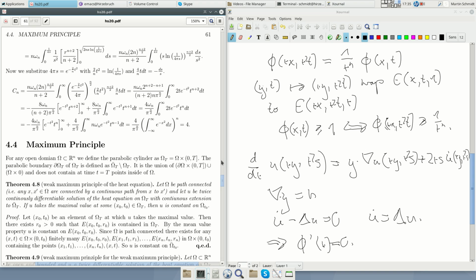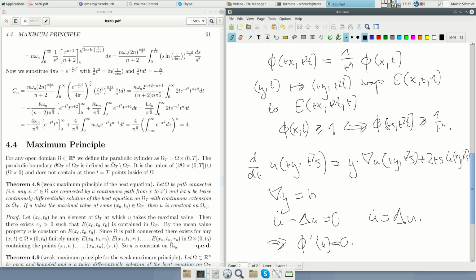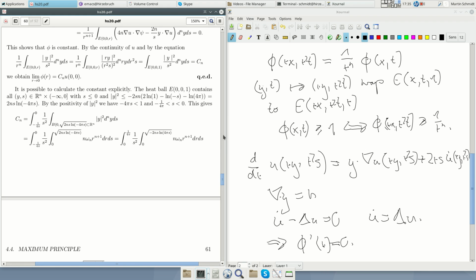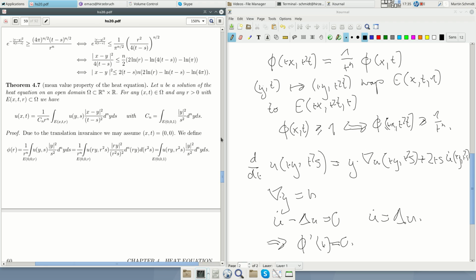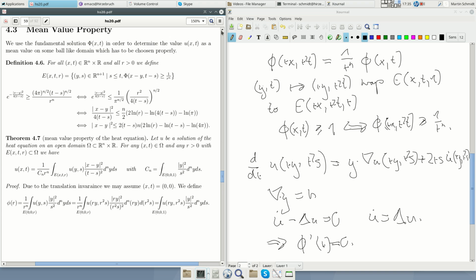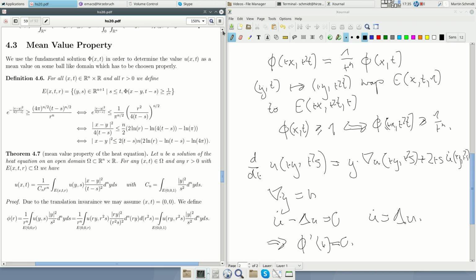So this finishes this section on the mean value for the heat equation. So let's recall what we have done. We proved the mean value theorem for the heat equation. We first defined the heat ball by using the fundamental solution, and then we did some calculation, and then we stated the mean value property for the heat equation.